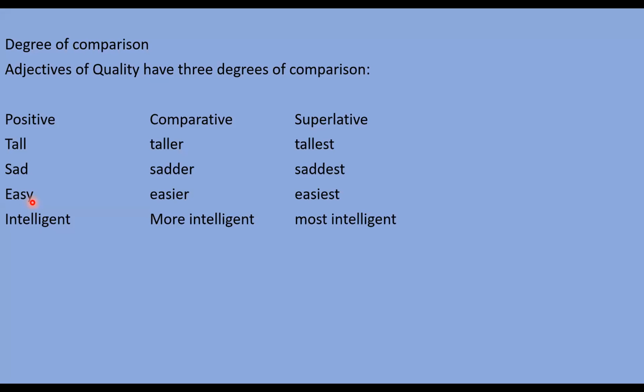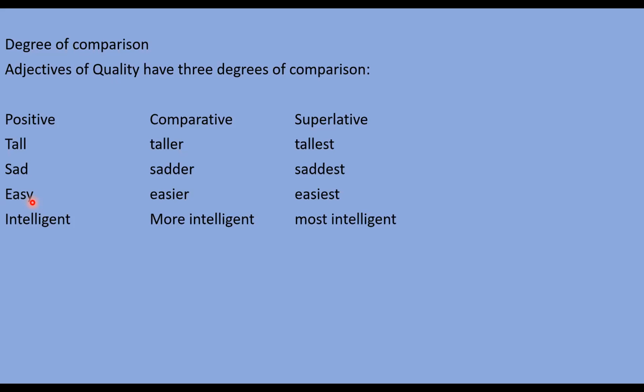See our first word, that is tall. Speak it, tall. You will find that there is only one sound, only one syllable, tall. But if you say intelligent, you will find more sounds are there. In a word where there are two syllables or more, in that condition you have to add more or most while making comparative and superlative degrees, right?